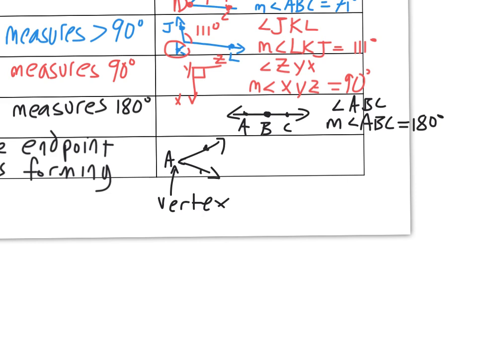So if this were, we could call this either angle BAC, angle CAB, or because there are no other angles here, we can call this angle A. For the ones that we did up above, we could also name those by the vertex because there's not any confusion there. So I could call this angle K, and I could call my right angle angle Y.